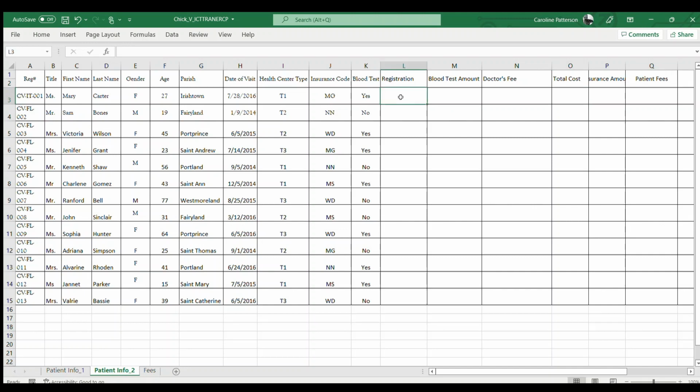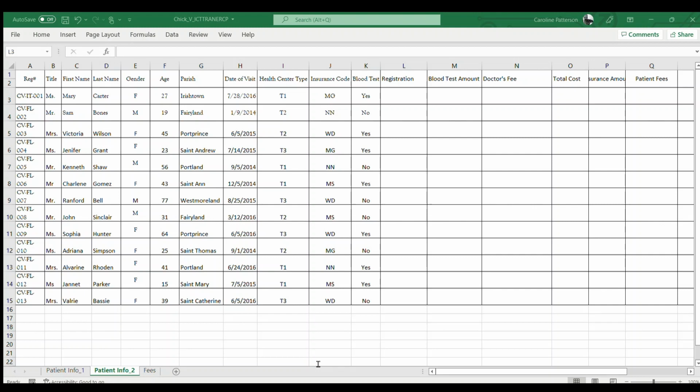I said that once the person has taken a blood test, the registration fee is going to be $9.50. Otherwise, there isn't going to be a charge. Therefore, we're going to have to figure out which patients actually paid a registration fee, right?